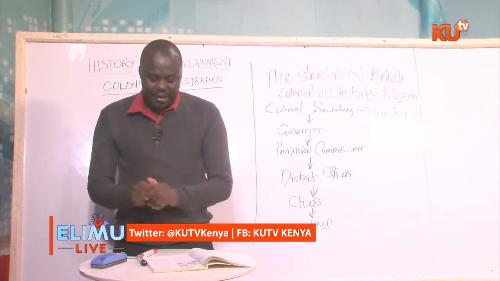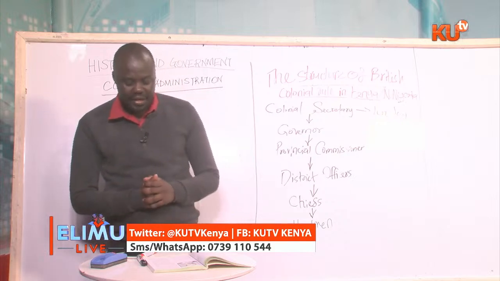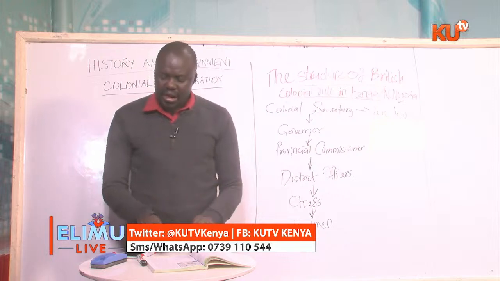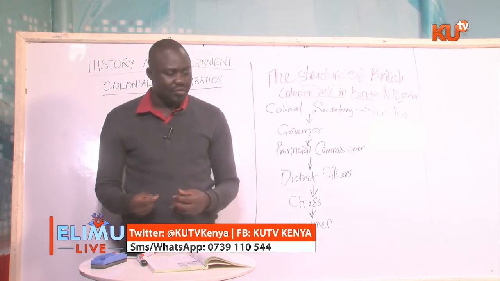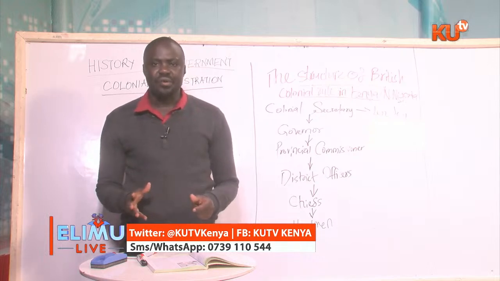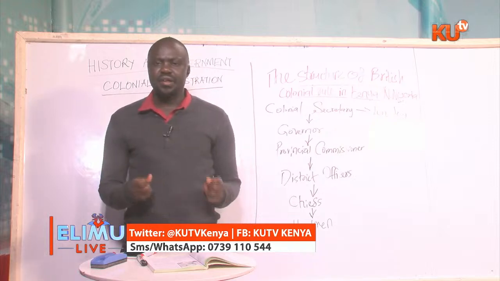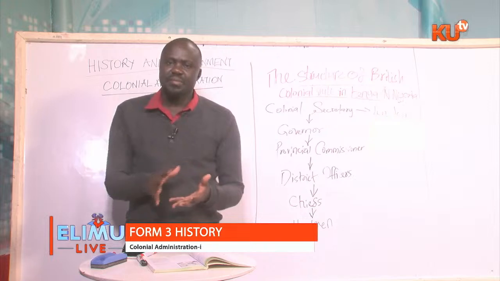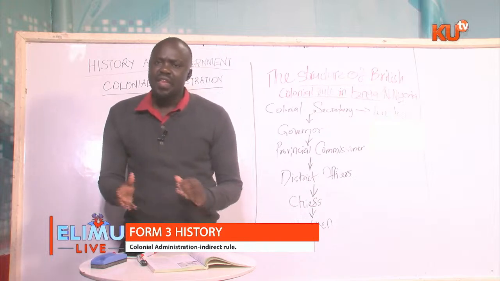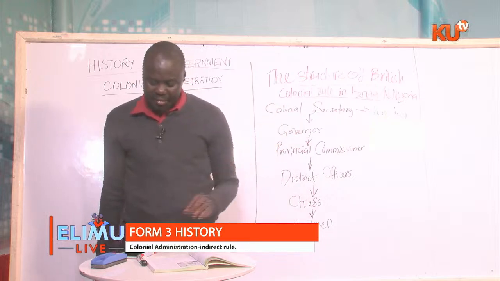So this justifies why indirect rule was very, very efficient in northern Nigeria. Again, a fixed proportion of the emir's revenue was transferred to the central British administration. So the emirs could collect taxes, have them centrally located, then allocate themselves salaries. Then a small portion of it they would give to the British administration.